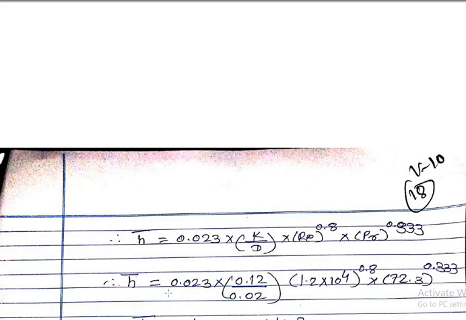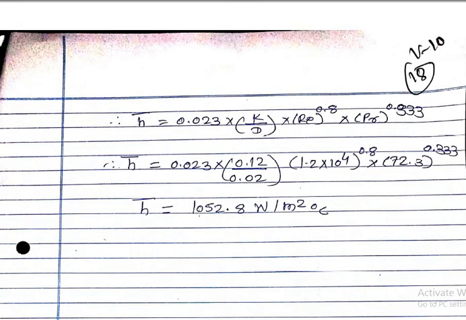So H bar is equal to 0.023, the K value is given as 0.12 and diameter is given as 0.02, Reynolds number we have determined as 1.2 into 10 raised to 4 raised to 0.8, multiplied by the Prandtl number we have calculated as 72.3 raised to 0.333. Therefore H bar we get as 1052.8 watt per meter square degree Celsius.